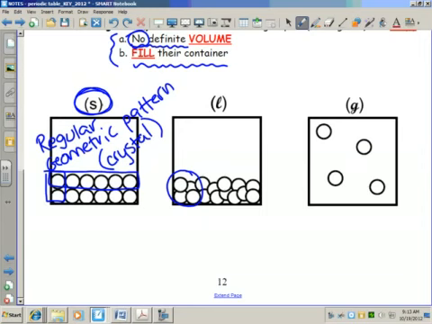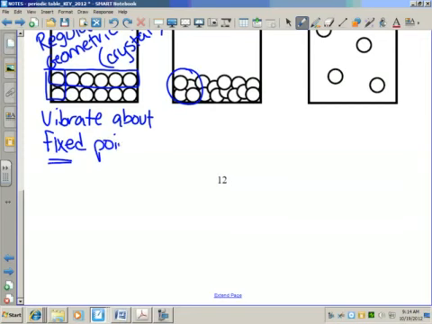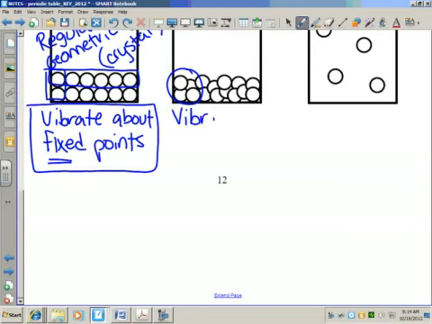Okay, and we would say as far as solids, they are allowed to vibrate about fixed points or a fixed point. Liquids, we would say, are now moving, so they vibrate about moving points.